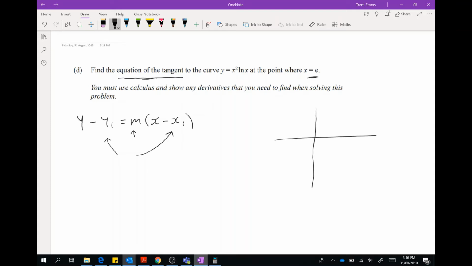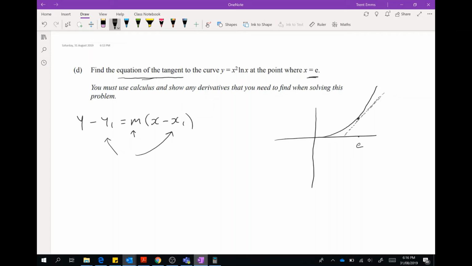We've got this x squared natural log of x, which will be some curve going like this. It's not exactly true, but just for a visualization. Say that point out there is e, because e is roughly 2.7, and you're looking at the point here on the curve where the tangent line, a line that just touches that point only, keeps going.